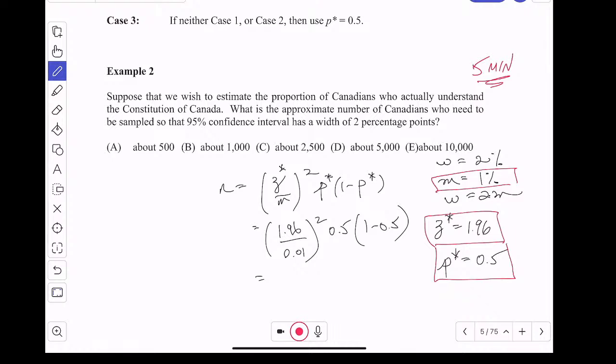So 1.96 divided by 0.01, squared, times 0.5 times 0.5. It's 9,604. So the best answer is this one.